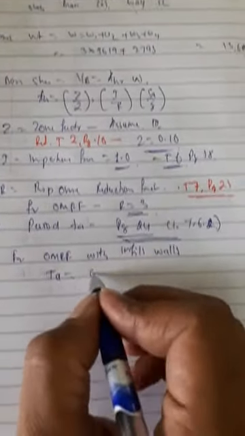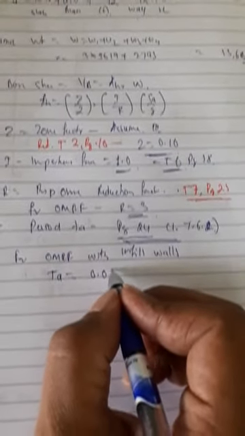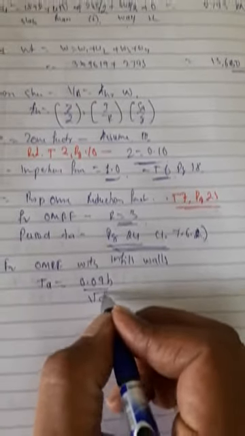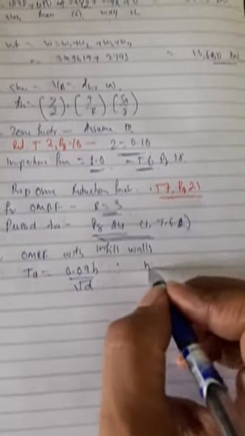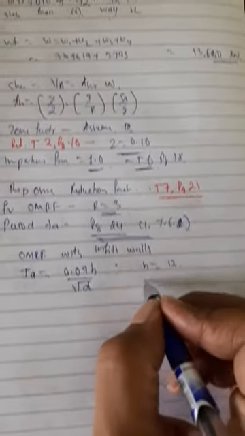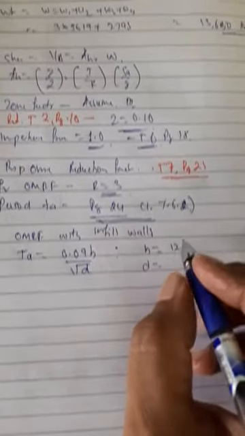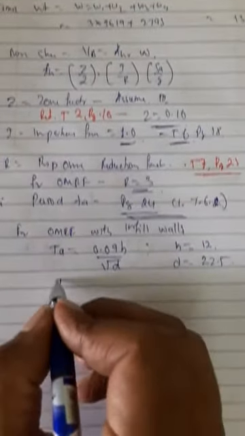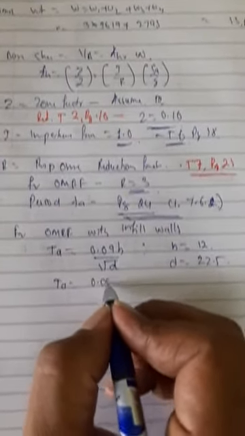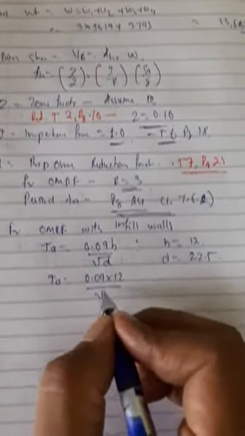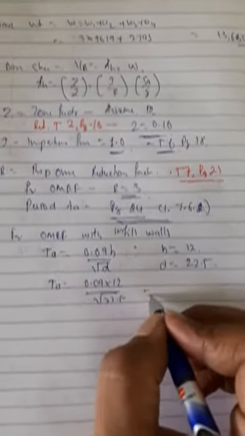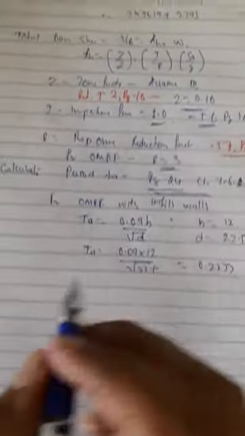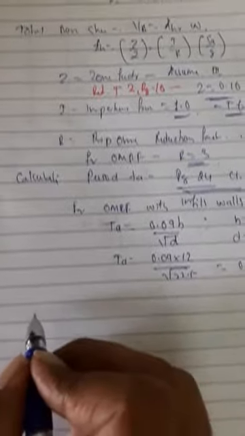TA is equal to 0.09 H divided by root D, where H, height of the building, is 12 meters, and D, dimension of the building at plinth level, is 22.5 meters. So TA is equal to 0.09 into 12 divided by root 22.5. I get the value 0.2277. Using this, calculate spectral acceleration.